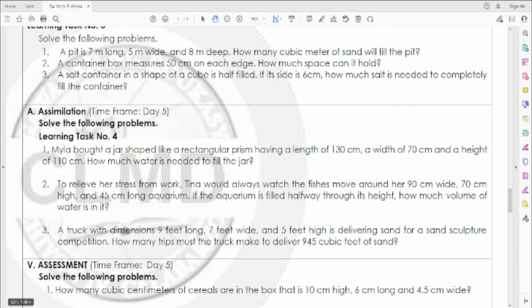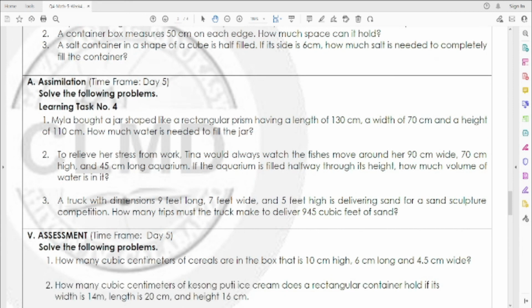3. A truck with a dimension of 9 feet long, 7 feet wide, and 5 feet high is delivering sand for a sand sculpture competition. How many trips must the truck make to deliver 945 cubic feet of sand? So you may analyze it carefully in answering the given problem.